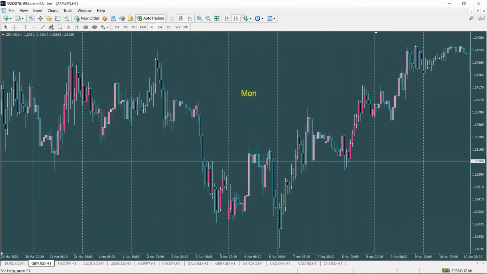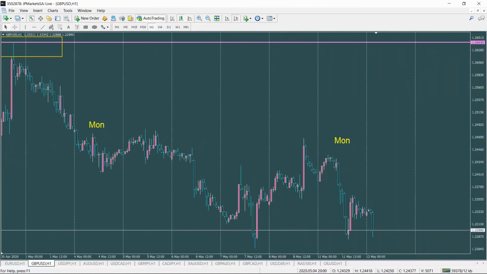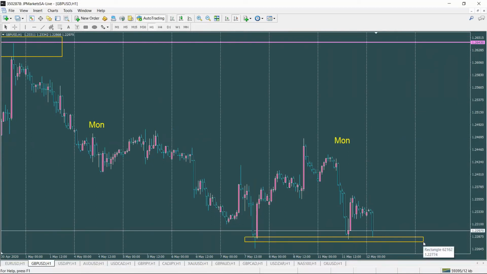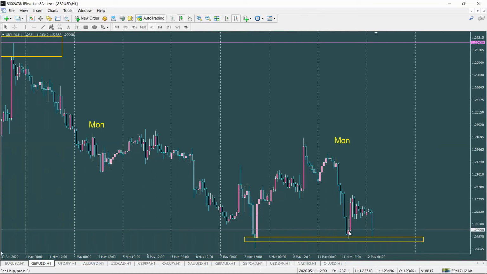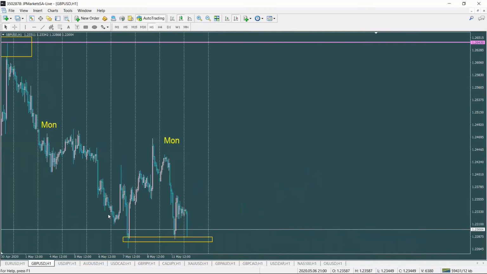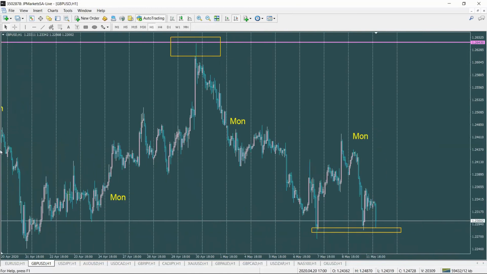And then if you look at the lower part of this now, taking into consideration Thursday's low, it was only tested on Monday, and then there's this one candle that just retested it now, which is currently running.